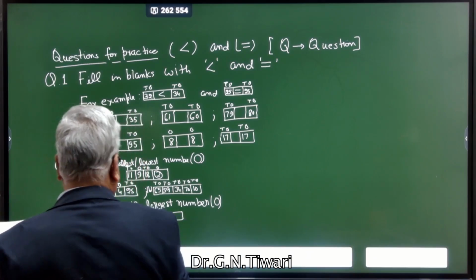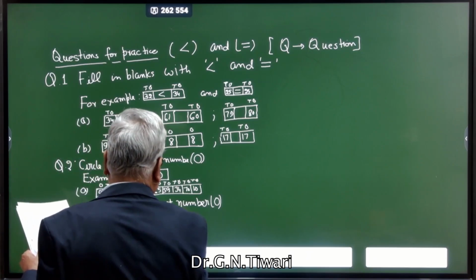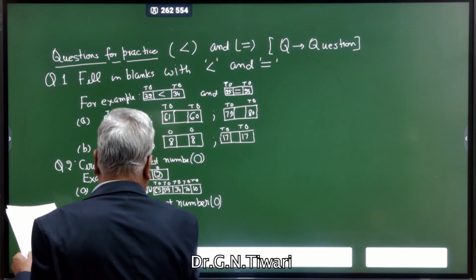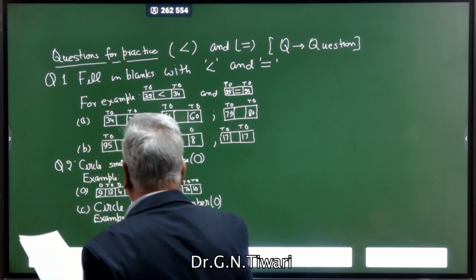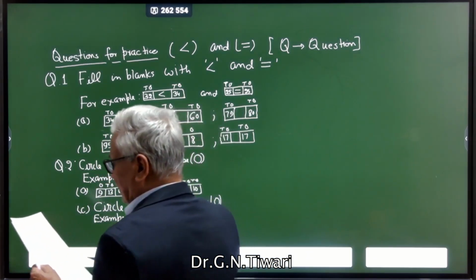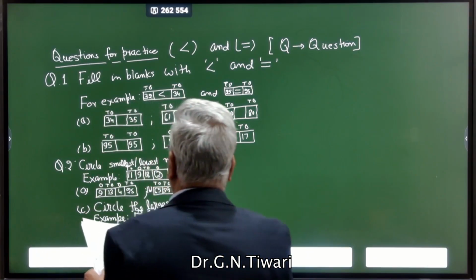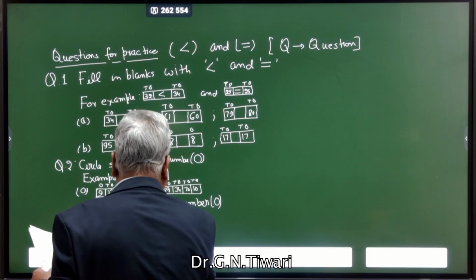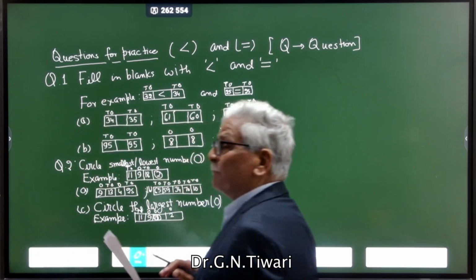Just say 2 is 1's O, 8 is O, this is O, this is O and T. So now very clearly you can see that 18 is the largest one. Largest means biggest one also.